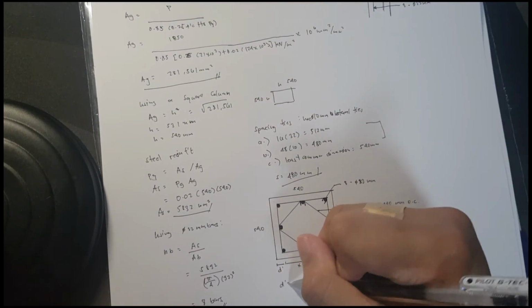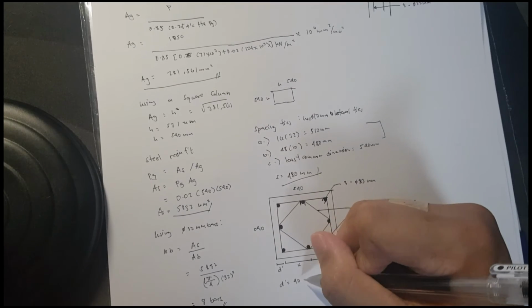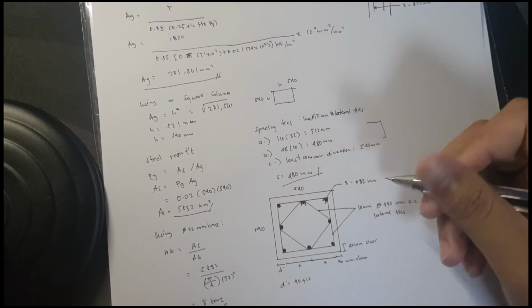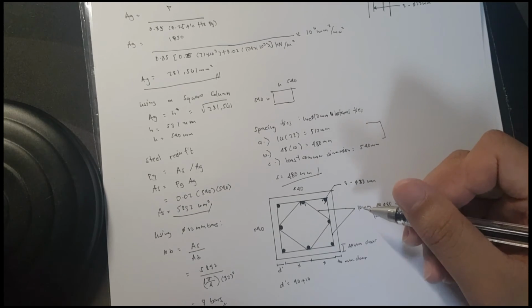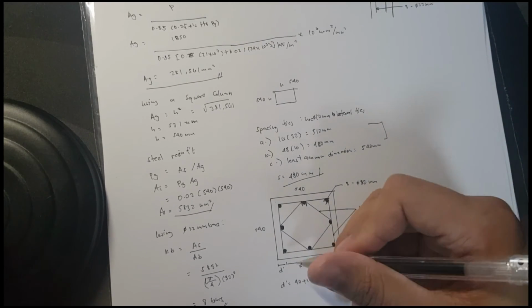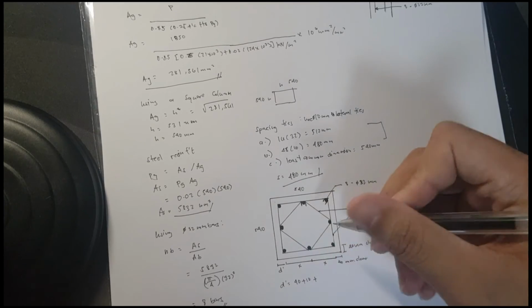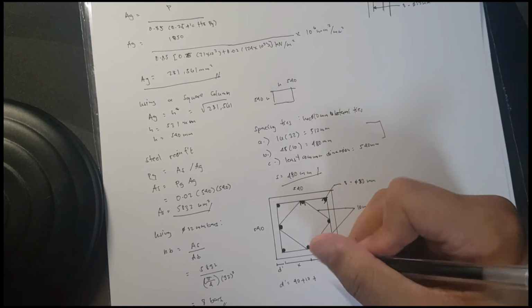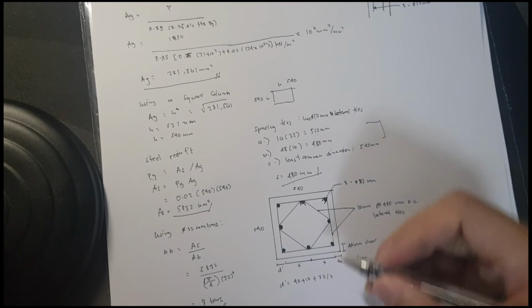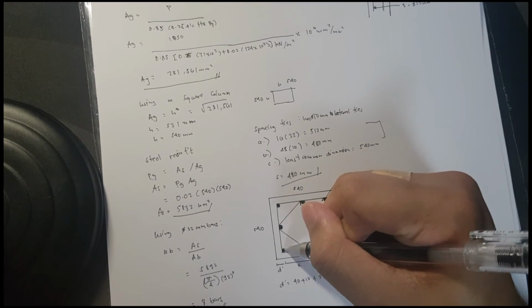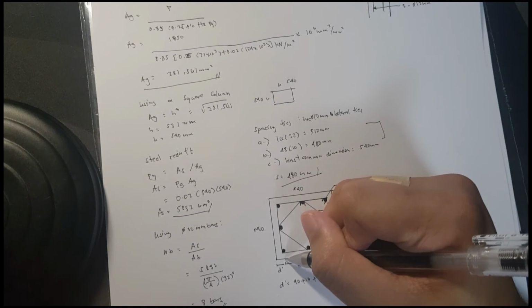So d prime is equals to 40 plus 10, kasi merong concrete ties, then yung 32 over 2, kasi 32 diameter siya, divide mo sa 2.